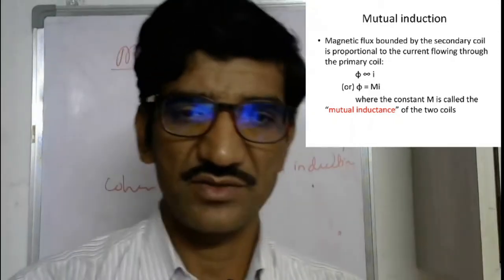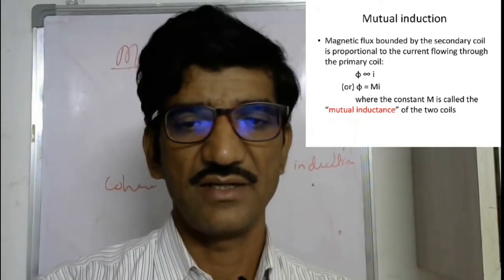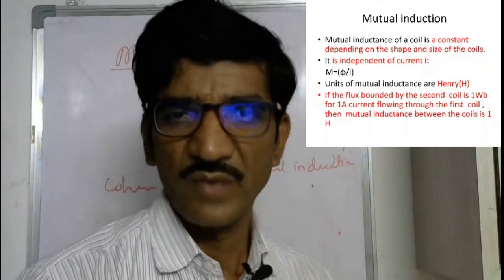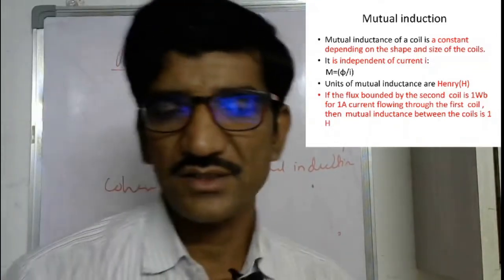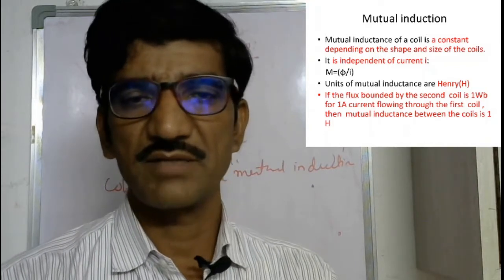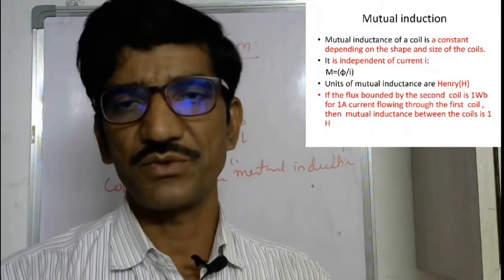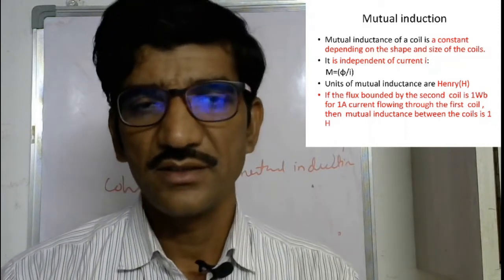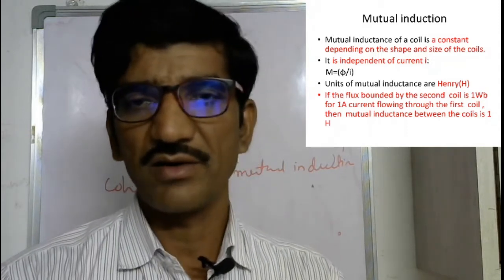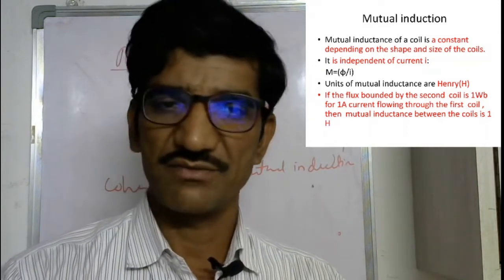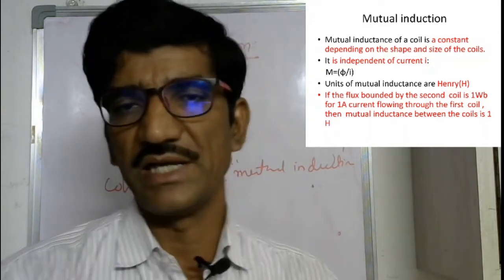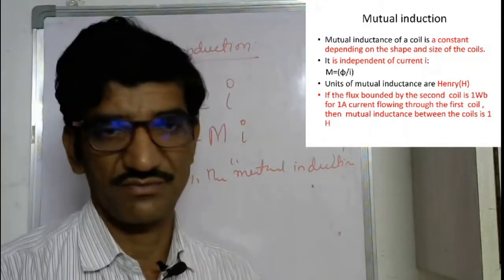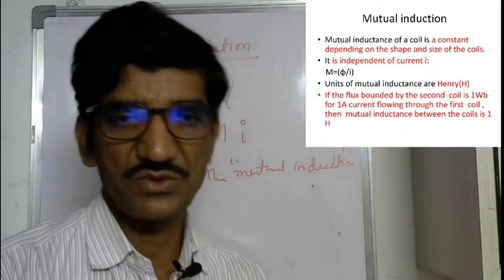This is very similar to the inductance of a coil in self-induction. It does not depend on the current flowing through the coils. It depends only on the shape and size of the given pair of coils. It is independent of the current flowing through either of those two coils.